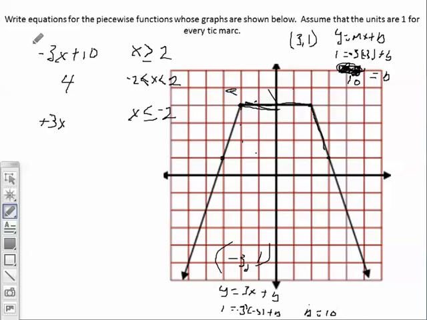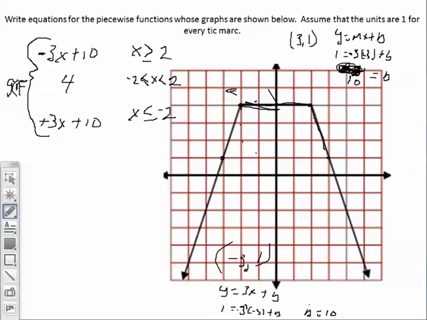So my equation is going to be a plus 3x plus 10. The only difference here is this has a negative slope. This one has a positive slope. And I would write that as my piecewise function, g of x is equal to that.